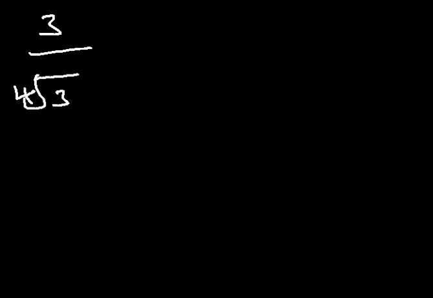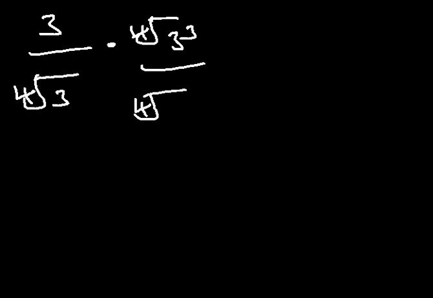How should you rationalize this denominator? So what is the conjugate of this one? We have the 4th root of 3 to the power 3 divided by the 4th root of 3 to the power 3.